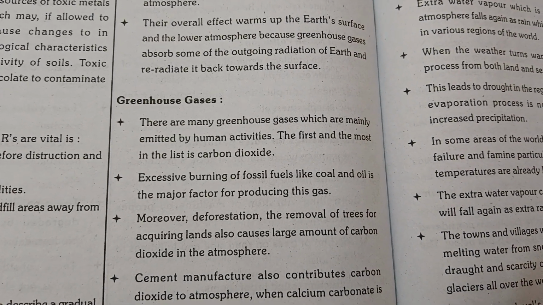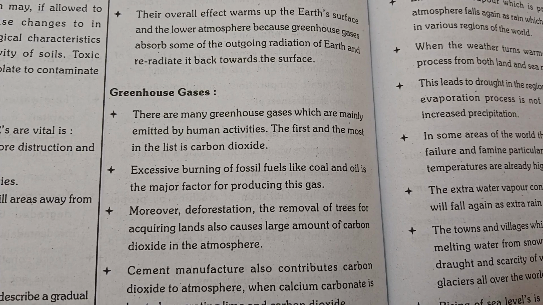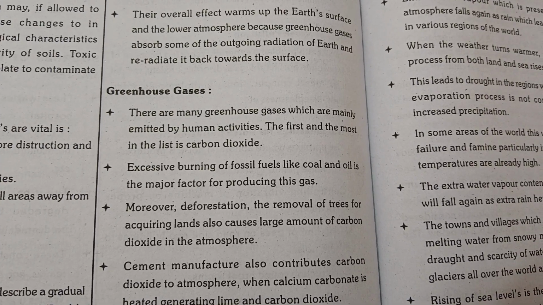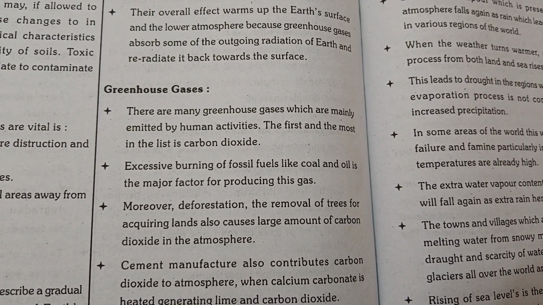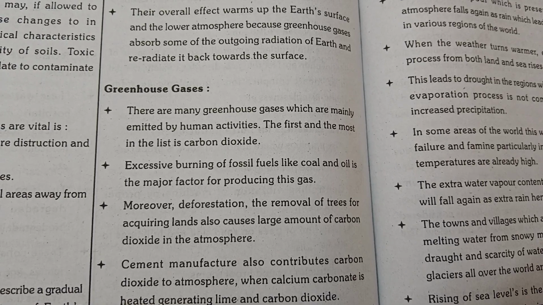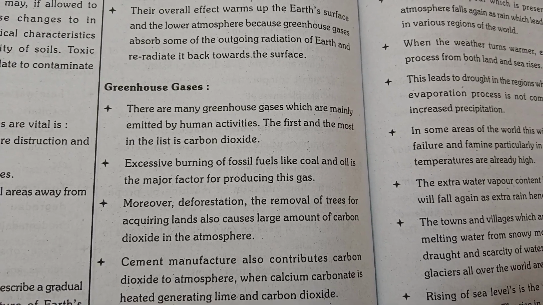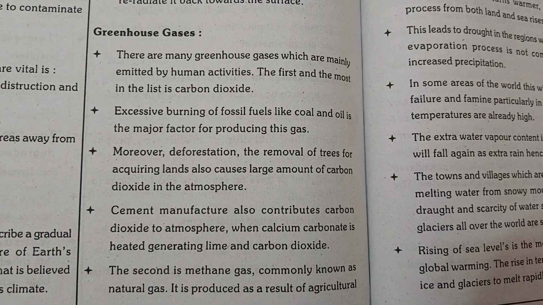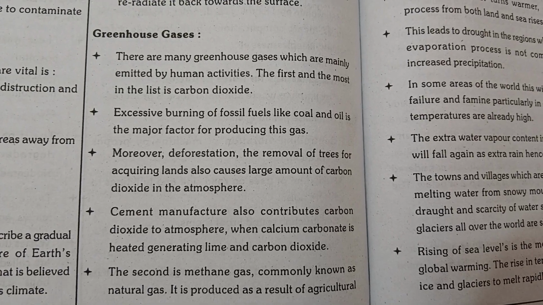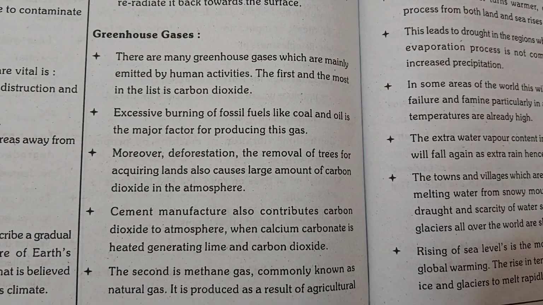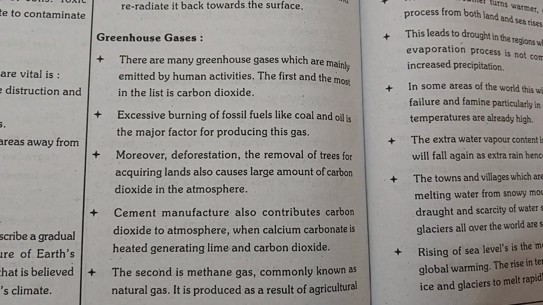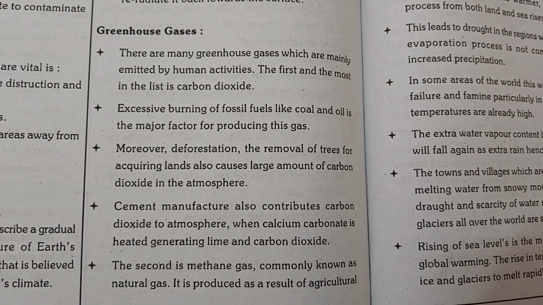Greenhouse gases. There are many greenhouse gases which are mainly emitted by human activities. The first and the most important in the list is carbon dioxide. Excessive burning of fossil fuels like coal and oils is the major factor for producing this gas.